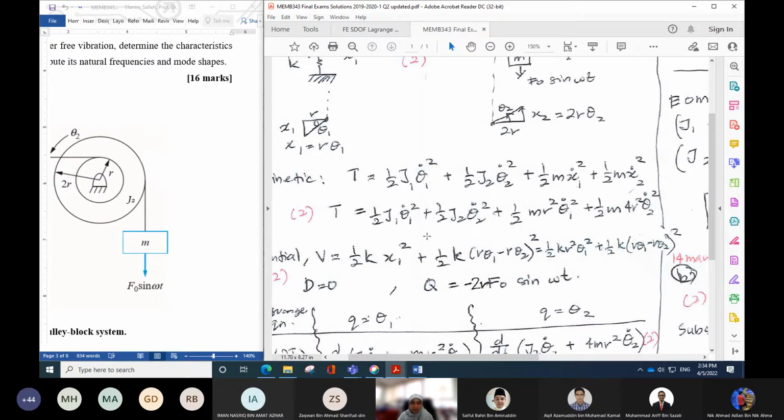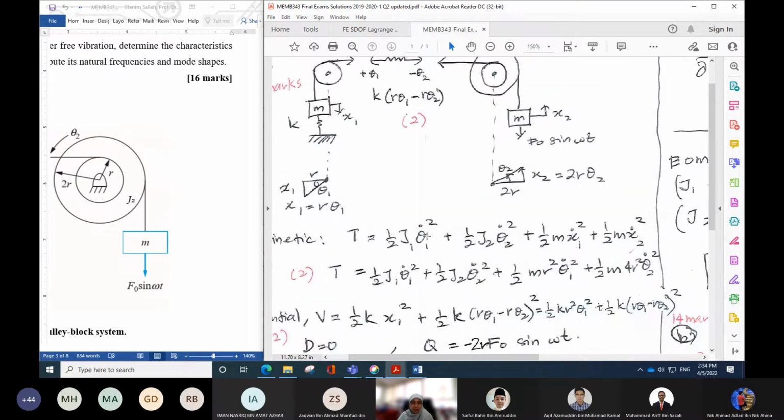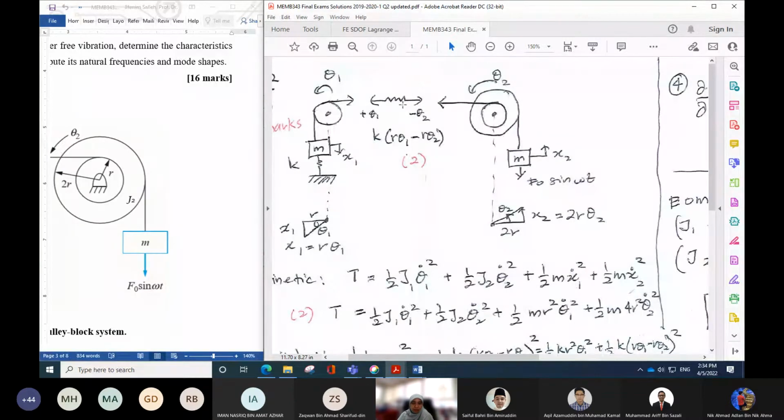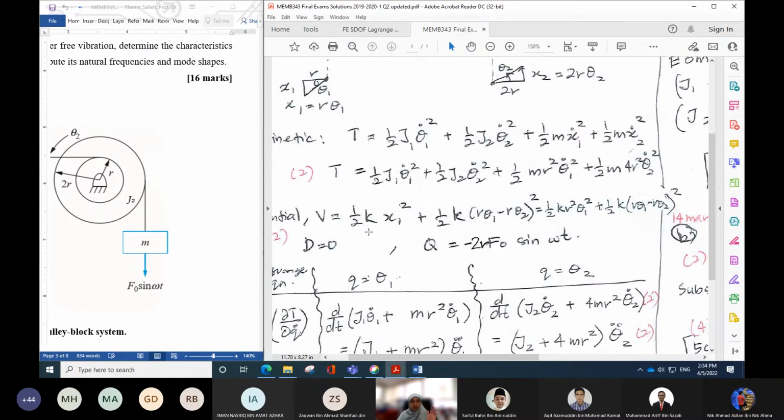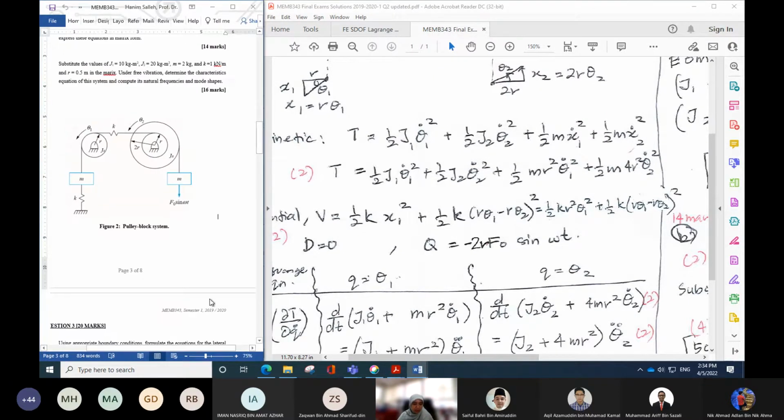So then you write for the springs. Remember, you only have two springs here, both are k. You have these two springs, so you have to write the equations for the two springs. The one on the left has kx1 squared. Maybe I put this next to it so that you can see.